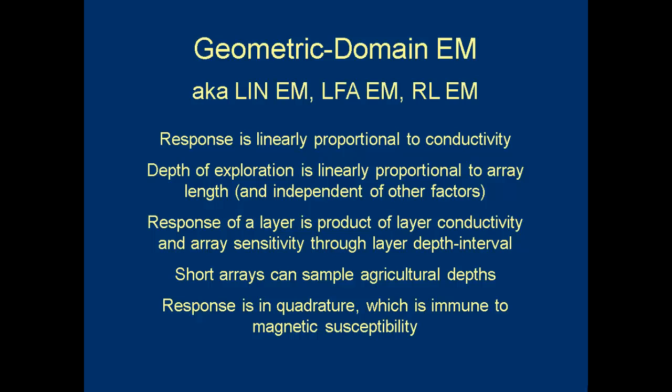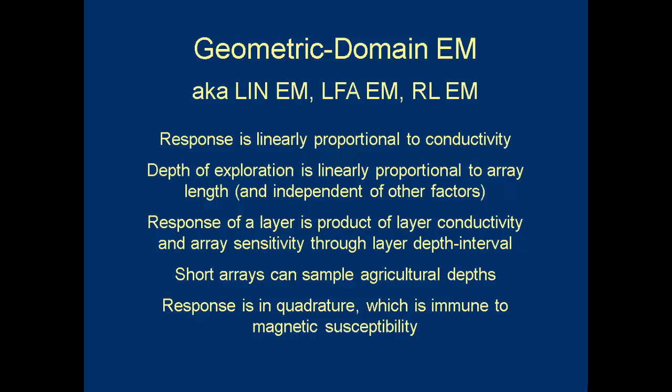The depths of exploration of arrays used in geometric electromagnetic induction range from 0.5 to 1.6 array lengths. Thus, arrays of about 1 meter length are sensitive to depths of interest to agriculture. Geometric electromagnetic induction response to conductivity is essentially in quadrature relative to the transmitted field.